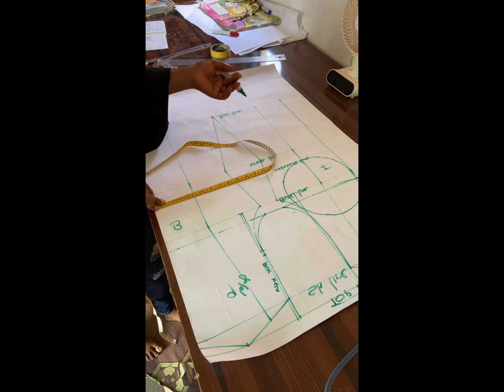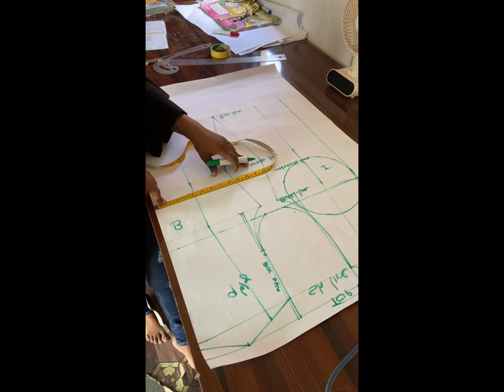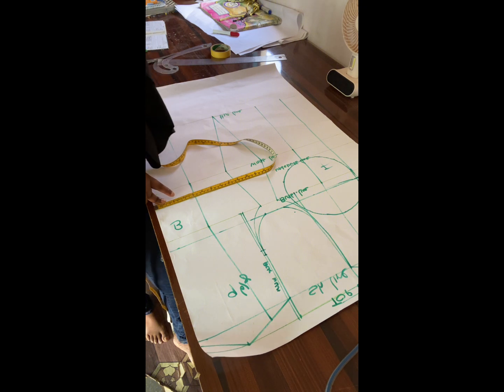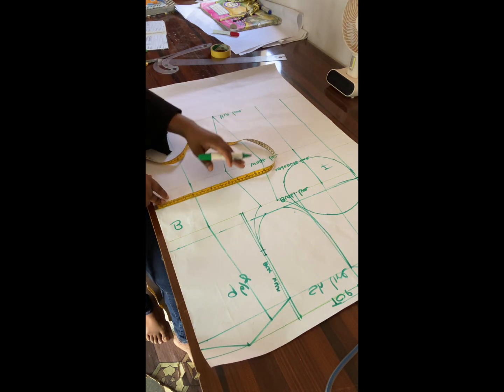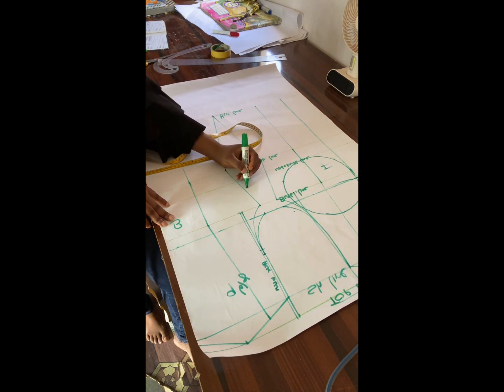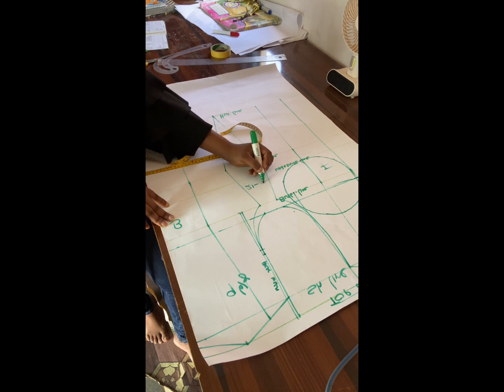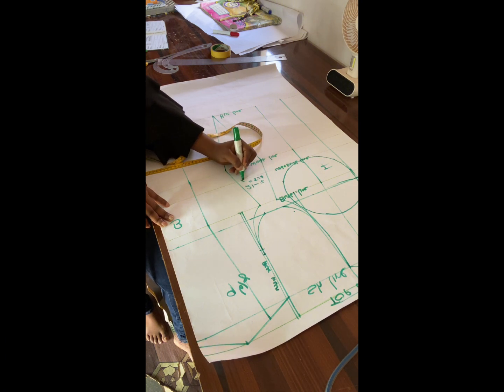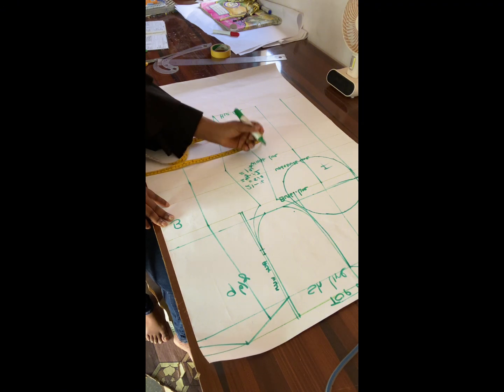So 32, you are going to divide it by 2. Then minus this from it. So 21 minus 16, which will give us 5. This we are going to divide by 2, which is 2.5. We're also going to divide this by 2, which is 1.25.